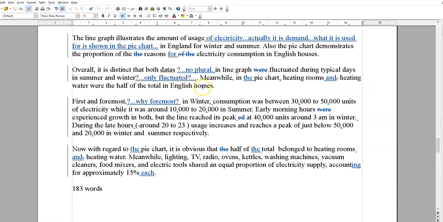Heating, so that doesn't really work. And then first and foremost, when you've got this passive, "were experienced growth." Why is it passive? So there's a few things here. I'm not going to change and mention every single thing, but you can see there's a few errors here that need to be addressed.